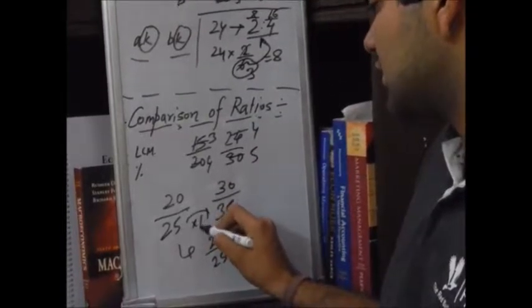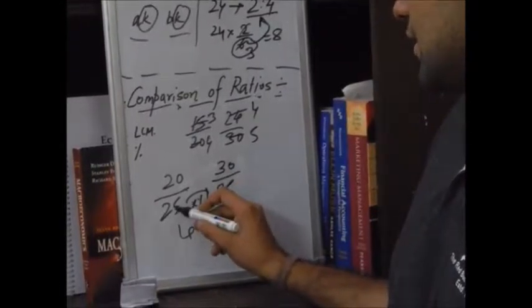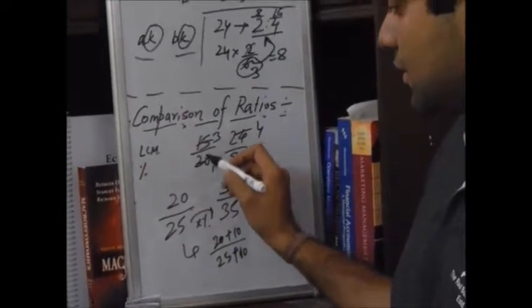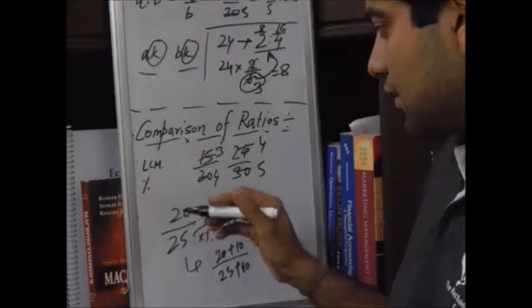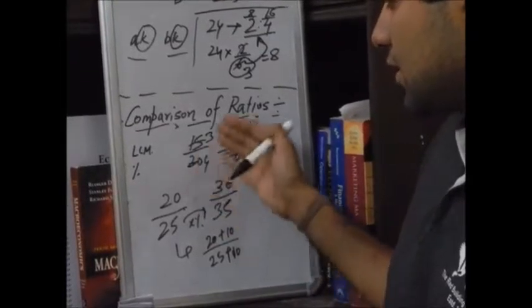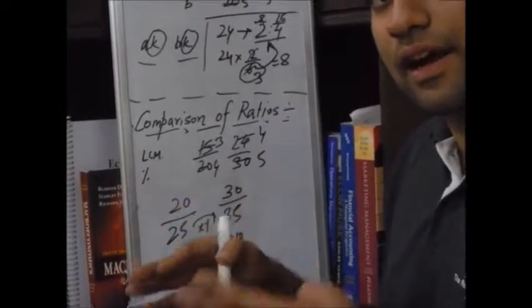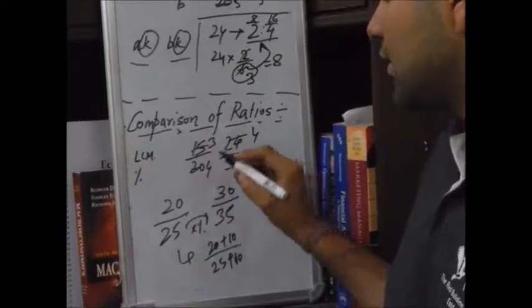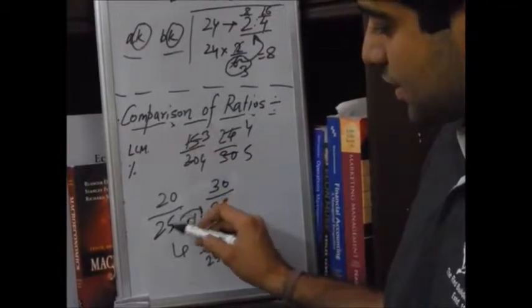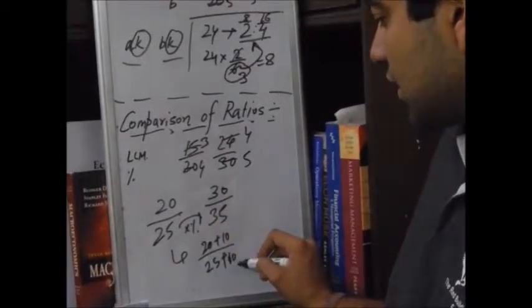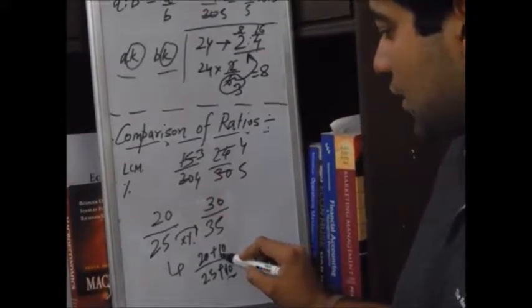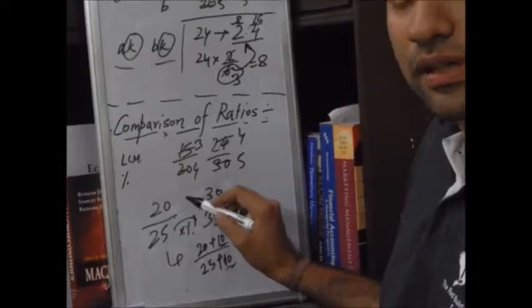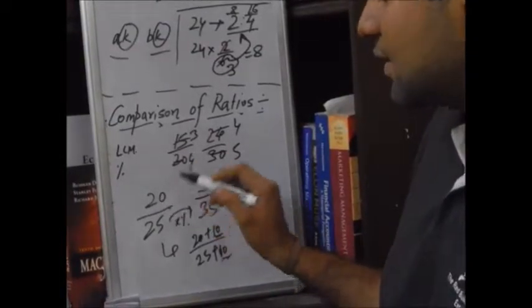If I increase this by x percentage, it becomes 35. Similarly, I would increase this by x percentage to compare, because the x percentage increase above both gets cancelled, and it is actually the same number. But you would see that the x percentage of this number that would give this 10 would be a higher percentage of this that would be required to give 10, and it becomes 30. So actually it would be less than 30.